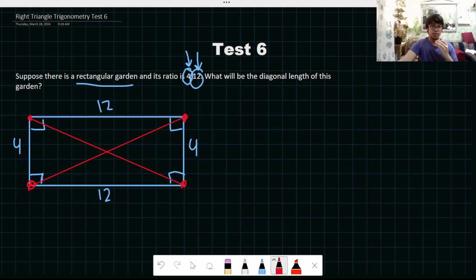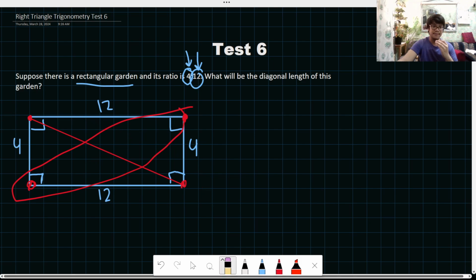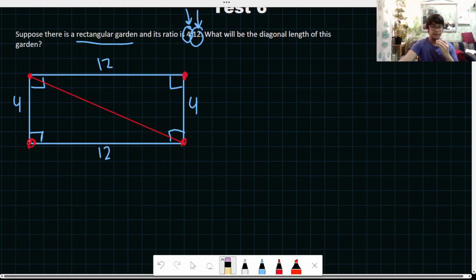Now, that is our goal. We will find its diagonal length. So now, we should pick whether our diagonal length would be like this, from top left to bottom right, or from bottom left going to top right. For me, I'm just going to pick this one. All right, this is much better. Well, now, how do we find the diagonal length?